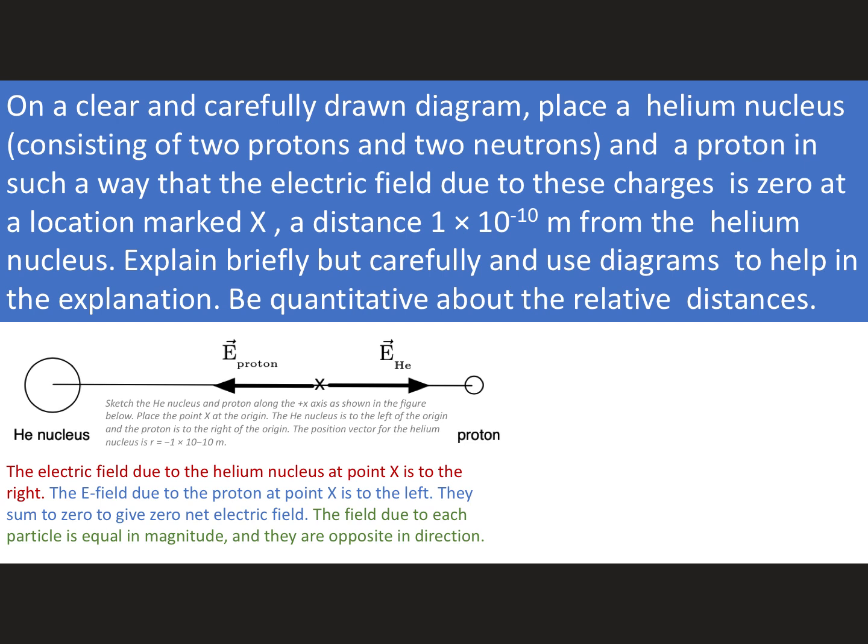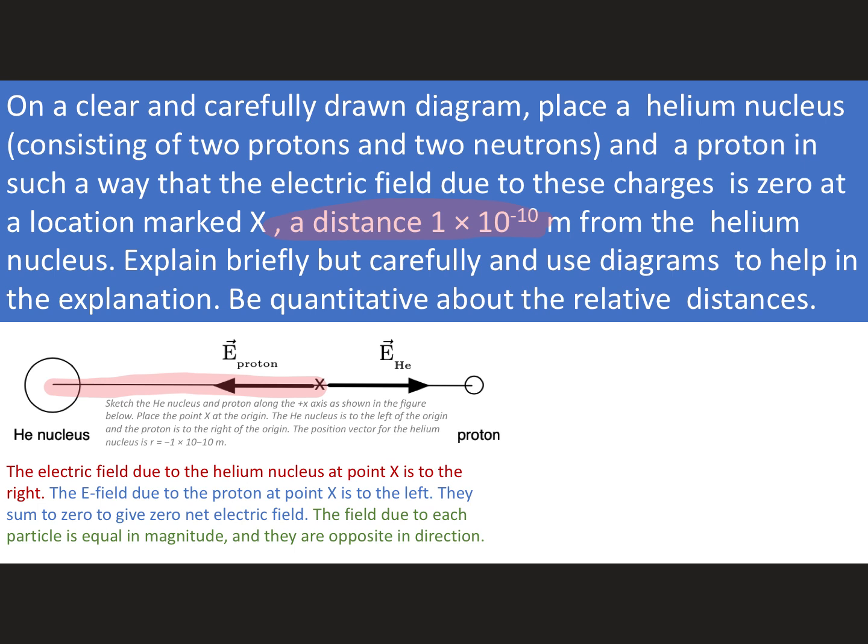And so how do we get quantitative about the relative distances? Because we know, according to the problem, this distance and that distance, an angstrom basically. I think 10 to the minus 10th is an angstrom, if I remember right.